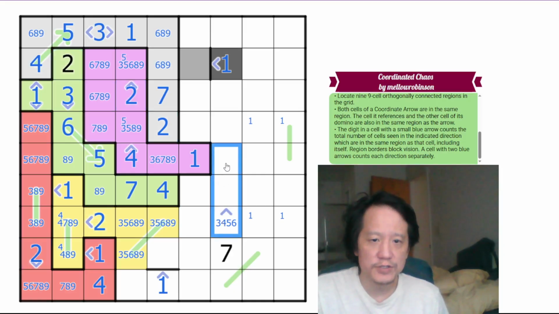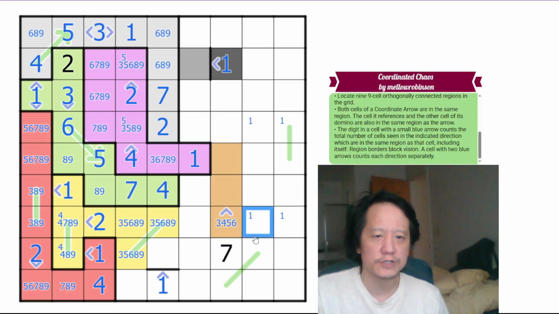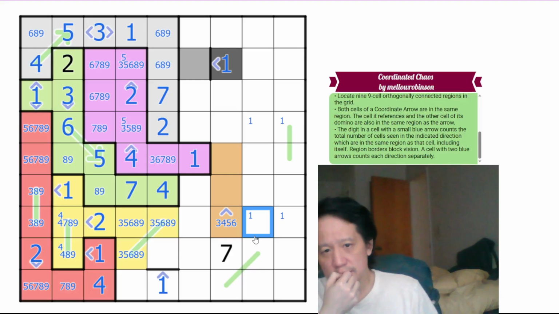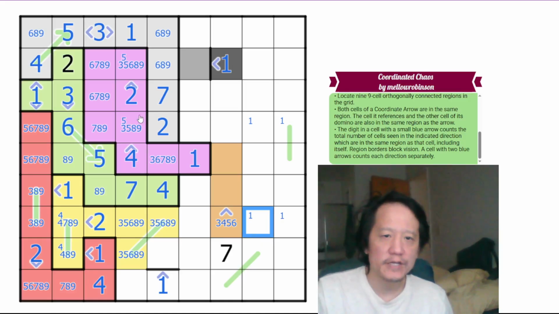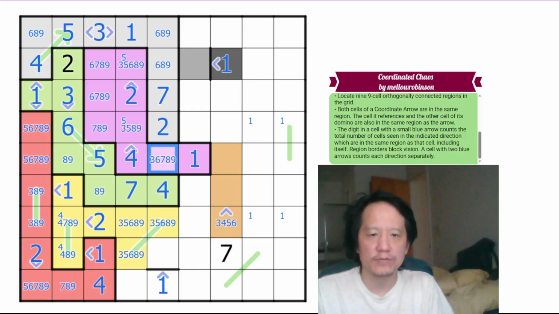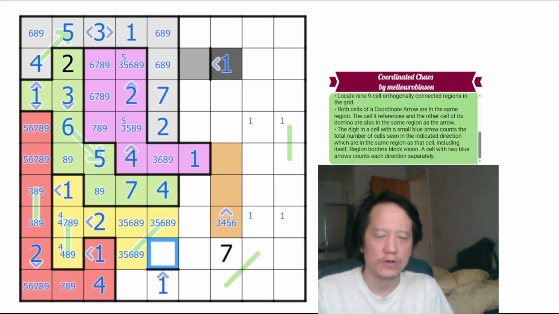This must be at least 3. I guess we'll make it orange. Remaining, the 7 eliminates 7 in the rest of the column. The remaining digits in column 5 are 3, 5, 6, 8, and 9.